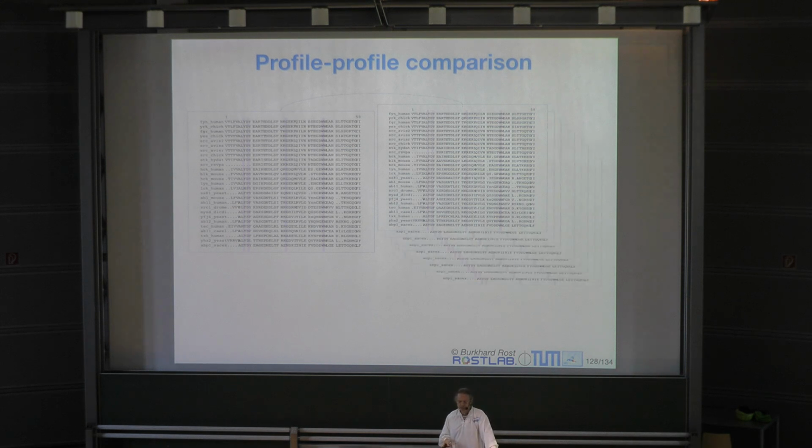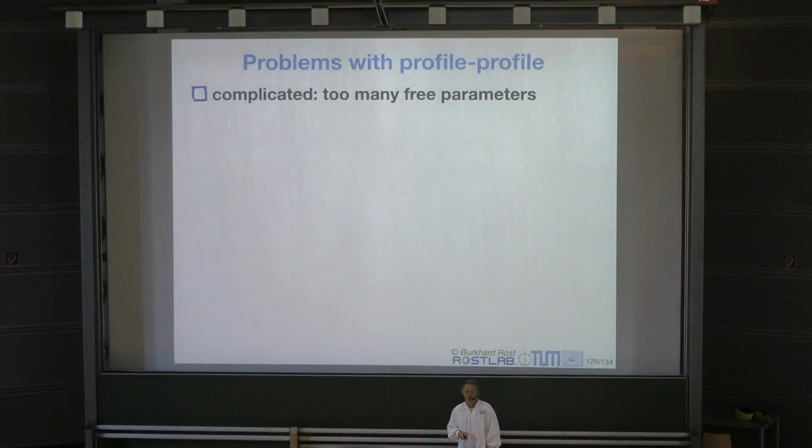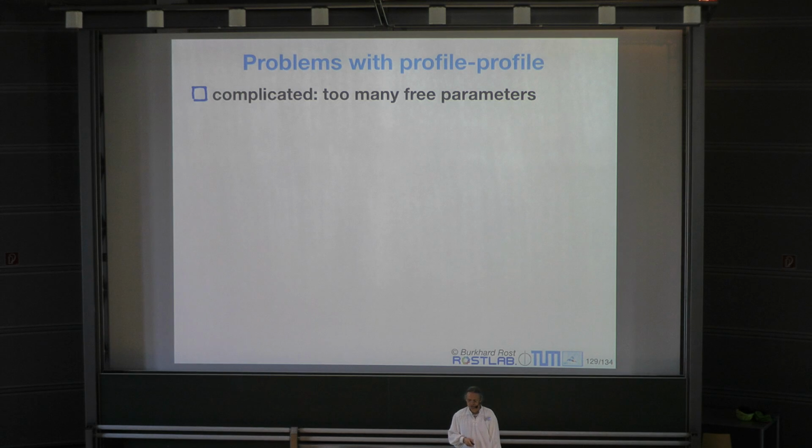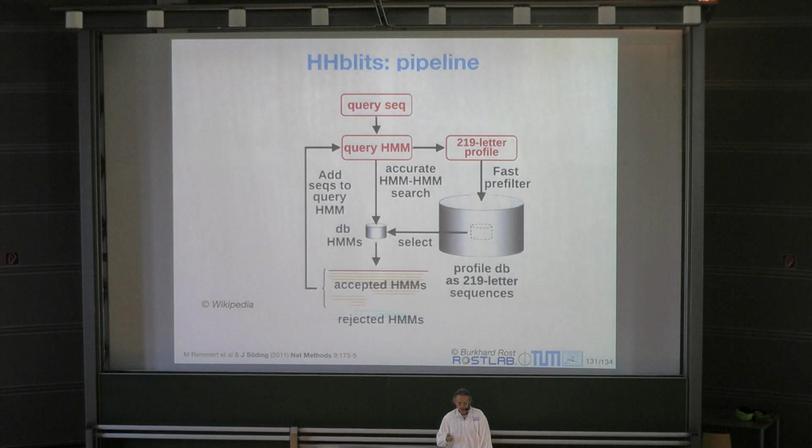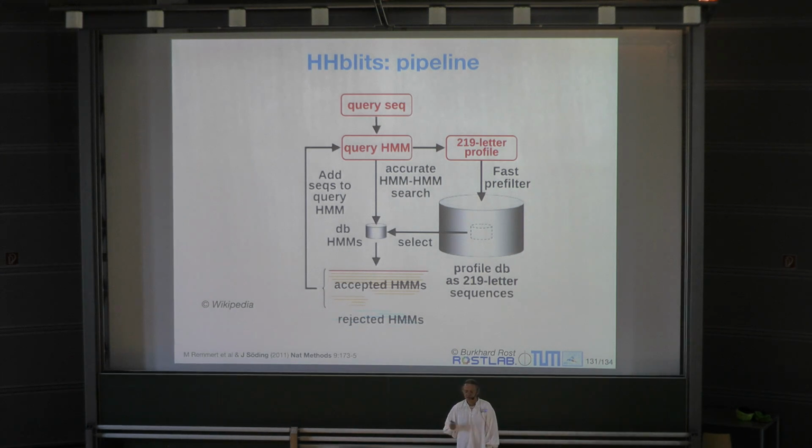Again, the problem here is that you could make many choices. It's a simple vector product. You can compile the vector product in different ways, and that gives you a lot of possibilities, and that is in fact the problem of profile comparisons. There are too many free parameters. Nevertheless, there is one method here that comes from Munich, from Johannes Söding at the LMU, that essentially uses exactly such a profile-profile comparison through hidden Markov models.